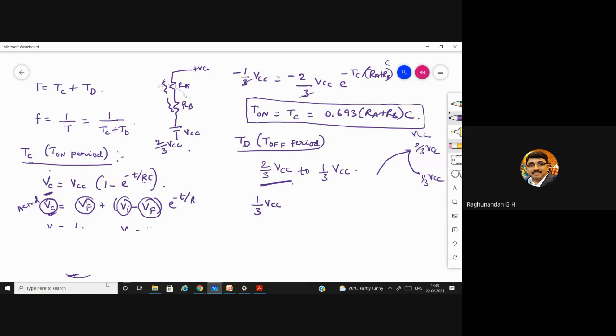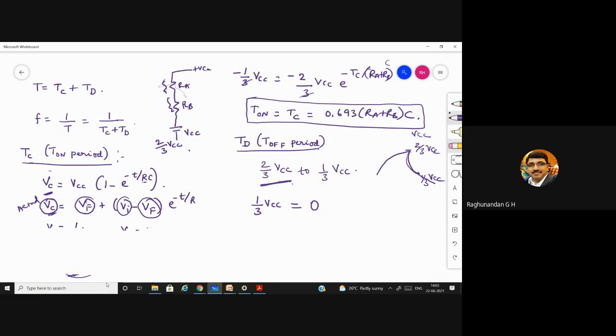This is the actual voltage it is going to attain under discharging condition. VF is the final voltage. In the off period, what will be the final voltage that can be attained? It can go to 0. It can, but it will not. So that's why we put 0, because it is the ideal case we are considering.